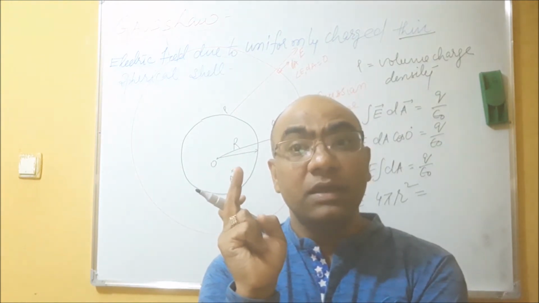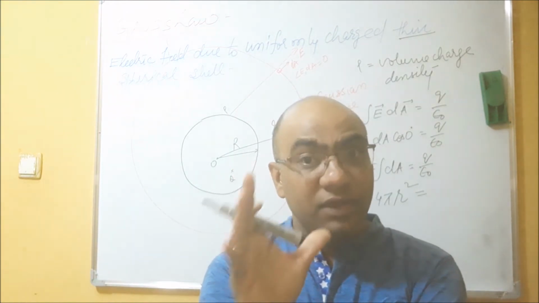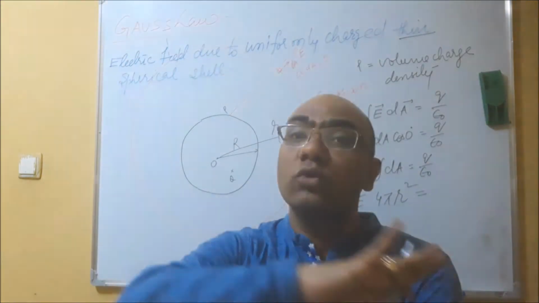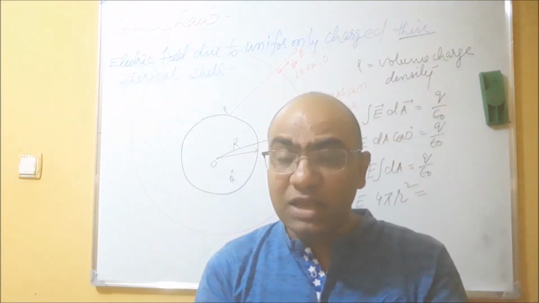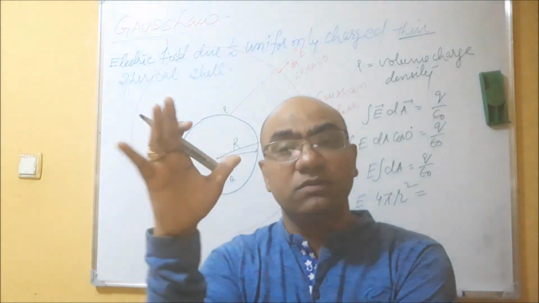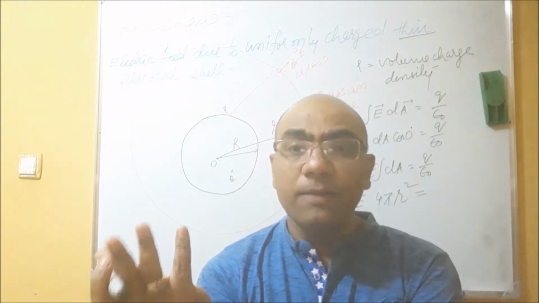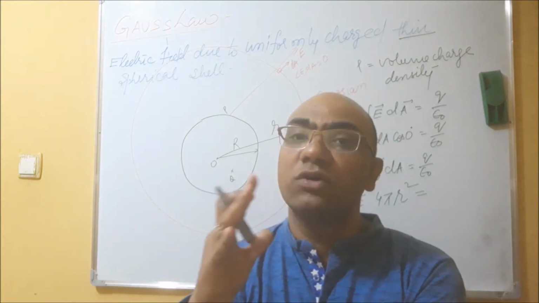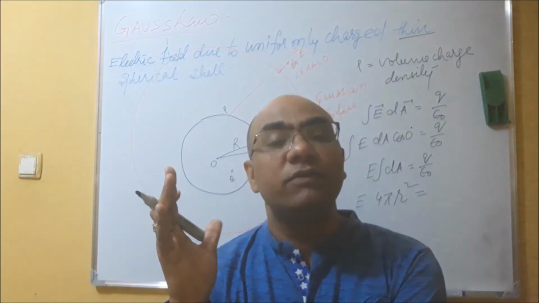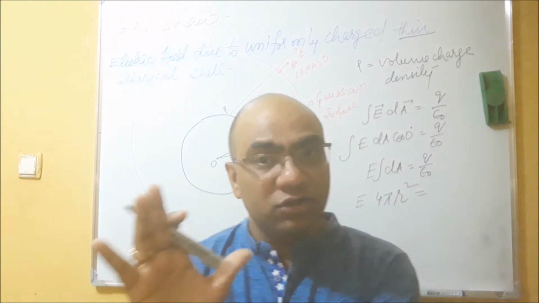If it were a sphere, then it would be on the total volume, but since it is a shell, it would be on the outer surface. And since it is the outer surface, the area is the surface area, so the charge is distributed on the surface area of the spherical shell. Is it okay?